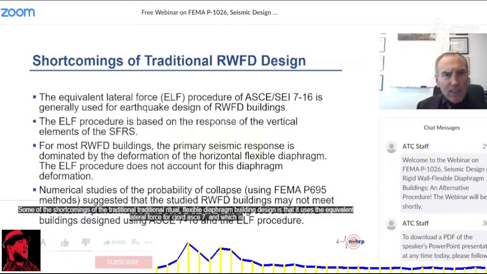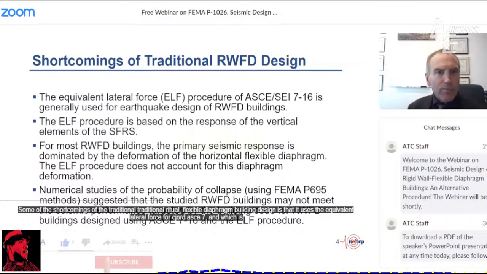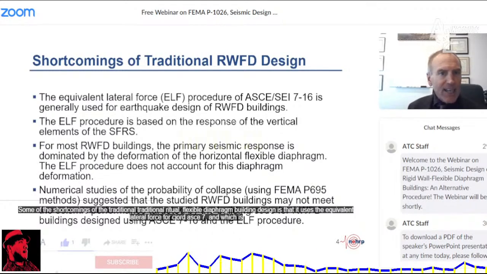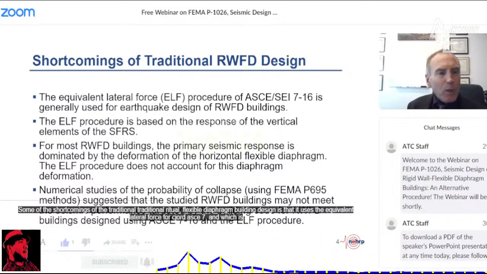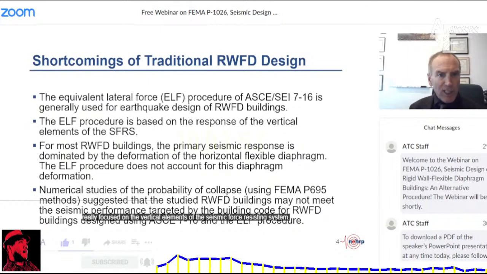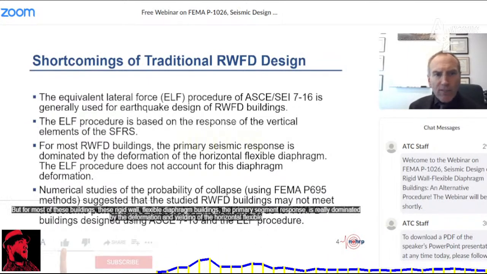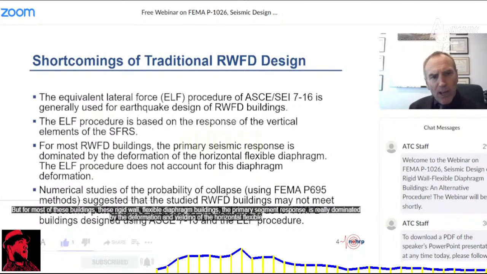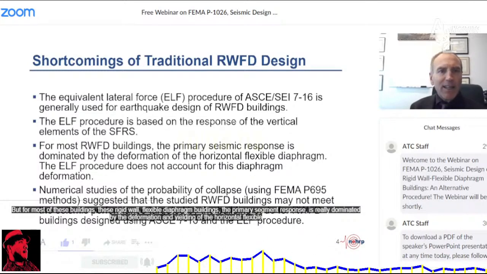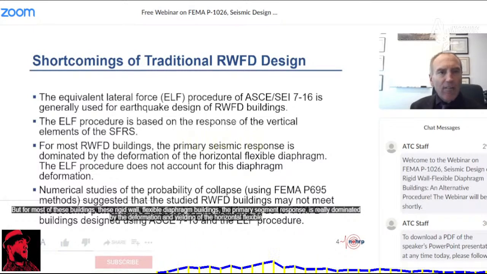Some of the shortcomings of the traditional rigid wall flexible diaphragm building design is that it uses the equivalent lateral force procedure in ASCE 7, which is really focused on the vertical elements of the seismic force resisting system. But for most of these rigid wall flexible diaphragm buildings, the primary seismic response is really dominated by the deformation and yielding of the horizontal flexible diaphragm.